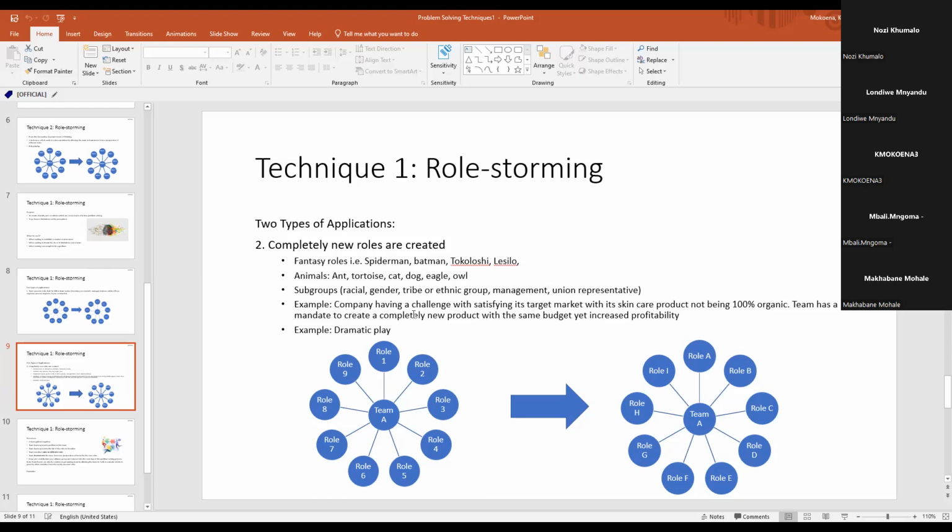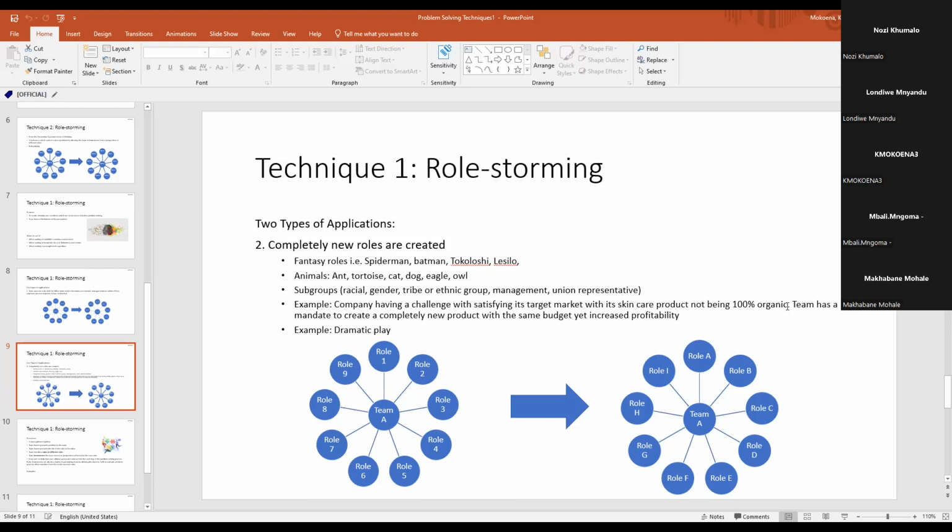So a company is having a challenge satisfying its target market, with its skincare product not being 100% organic. So this company is producing a skincare product. They're saying it's organic, but if you look at the ingredients, they are not really all organic, right?